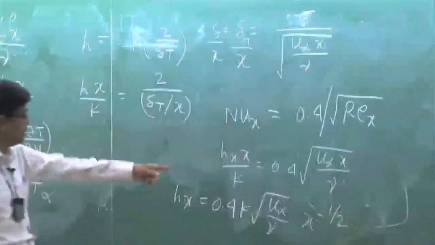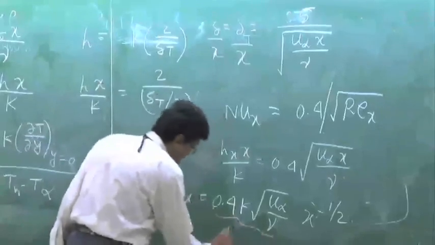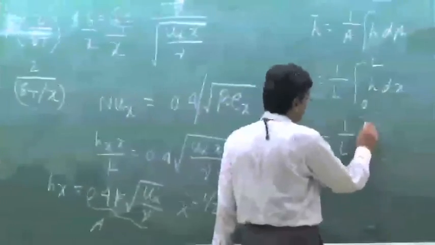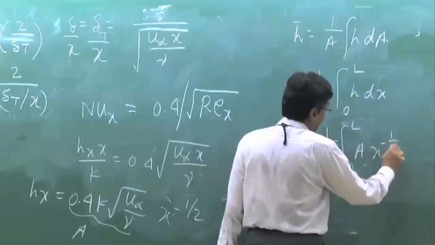That means it is decreasing with x to the power minus half. If you take this as constant A, then a beautiful thing you will see: 1 by L, integral from 0 to L of A x to the power minus half dx.